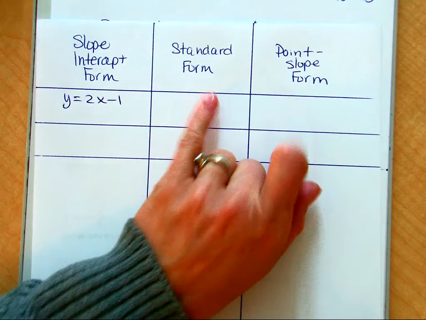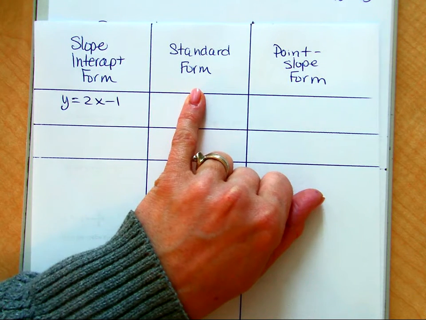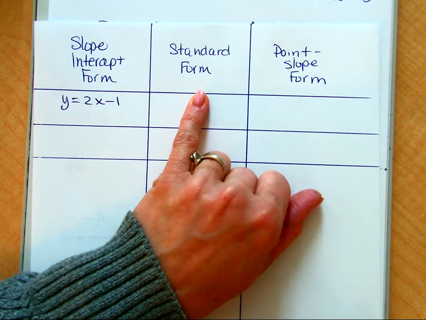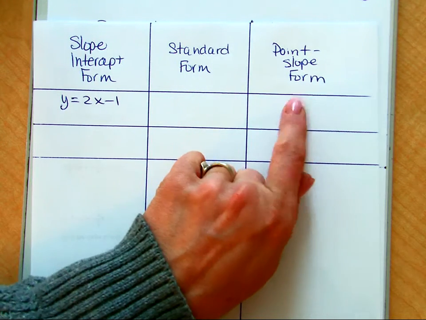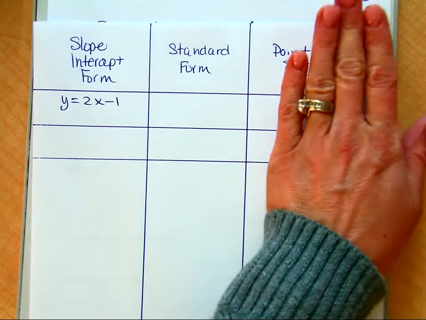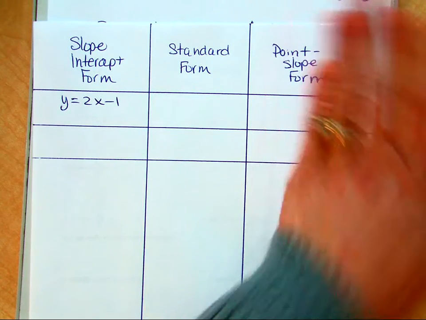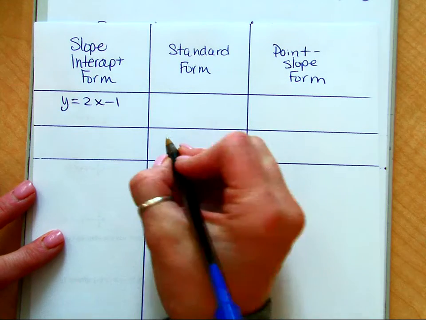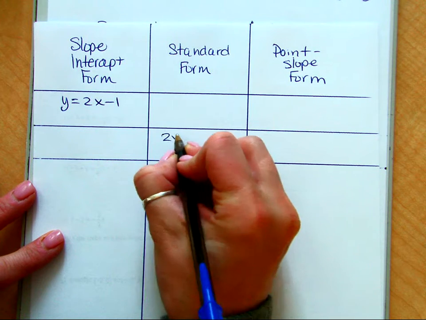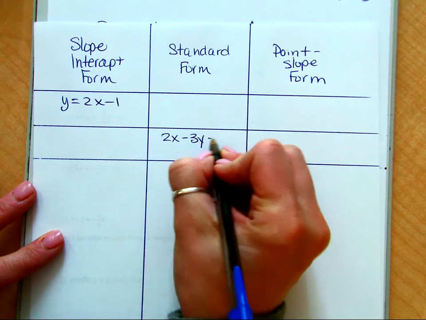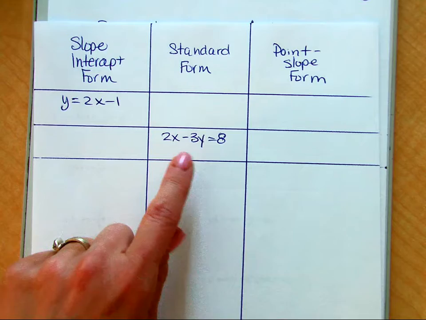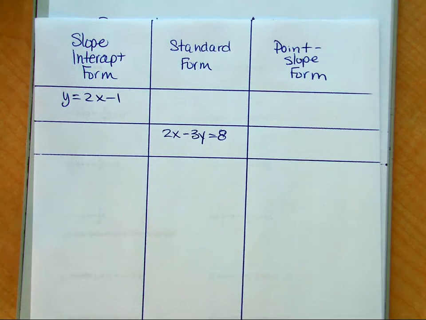And right now, you've worked with standard form. You just probably didn't know what it was called. You'll know it when you see it. You know nothing about point slope form yet, and I'm not even going to talk about it today. Okay, we'll talk about it tomorrow. I might give you one in standard form and say 2x minus 3y equals 8. Hey, now put it in the other 2 forms.